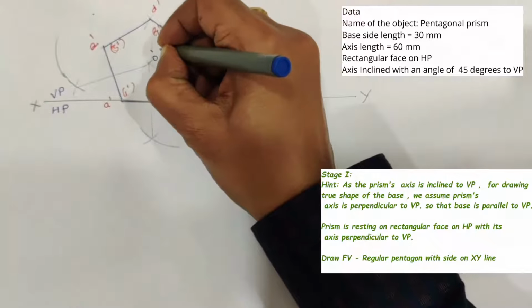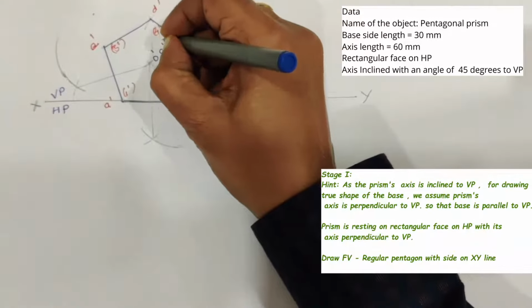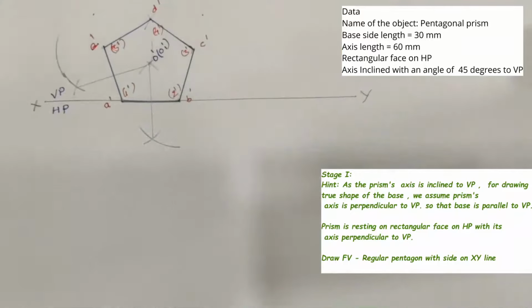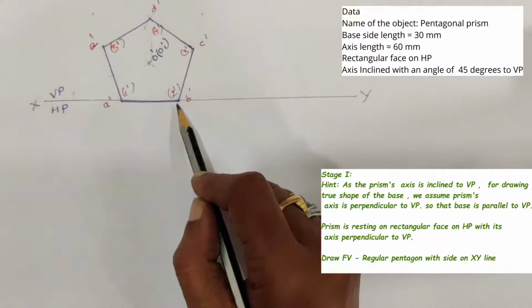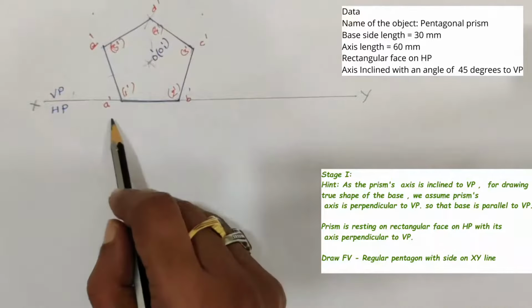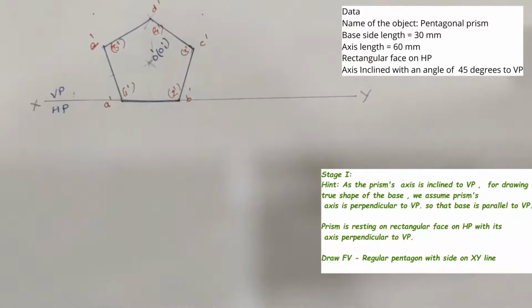O dash and O1 dash is the image of the axis in front view. This is the image of the pentagonal prism in front view when it is resting on its face on HP and its axis is perpendicular to VP.